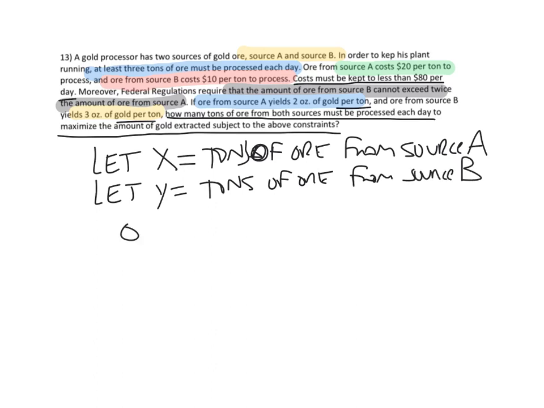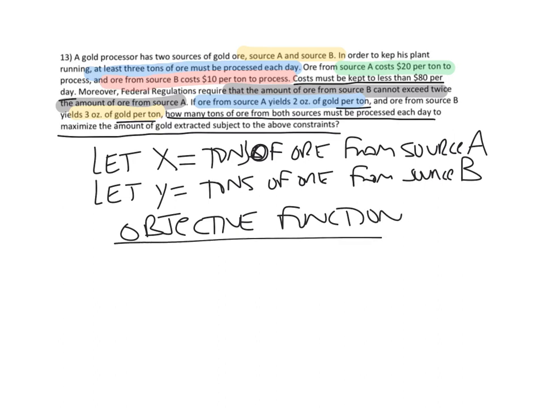And as far as our objective function, we're looking for the words maximum or minimum. And here it looks like you want to maximize the amount of gold that's extracted. Ore from source A yields 2 ounces of gold per ton.